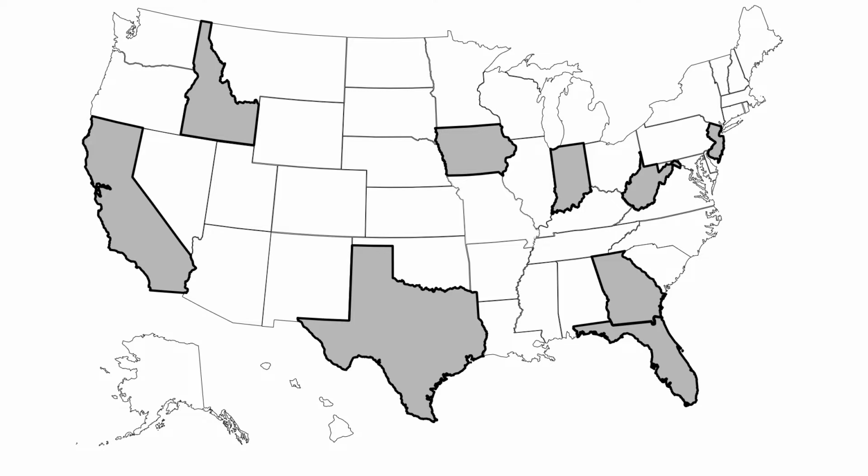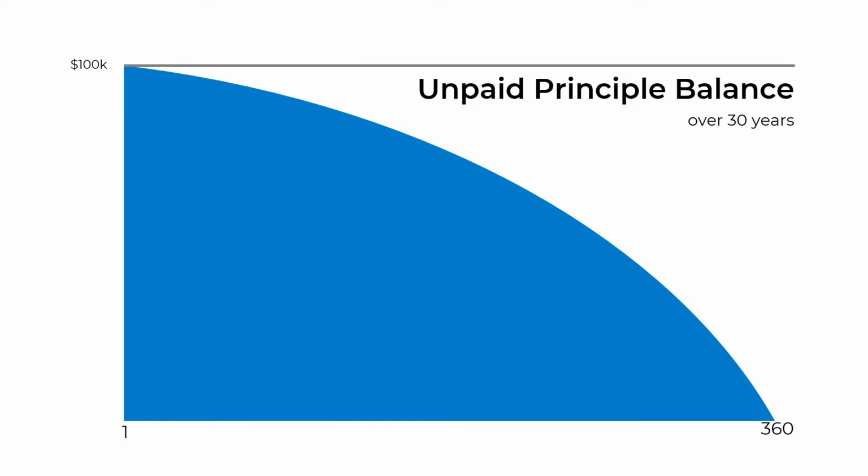I'd like to talk a little bit more about how to think about risk mitigation in real estate notes. In a previous example, we taught this amortization schedule. Just to recap, the vertical is the unpaid balance, the horizontal is the number of payments. In this case, it's a 30-year loan.